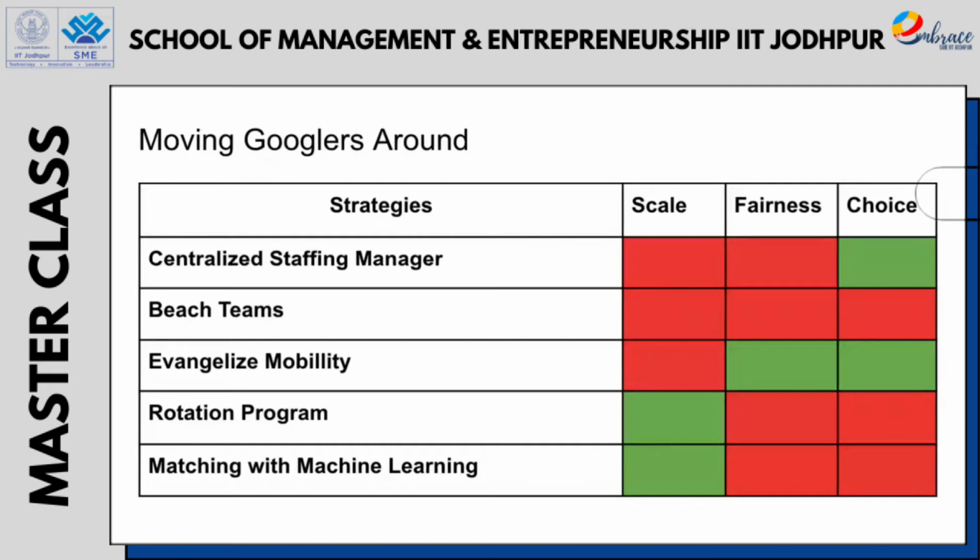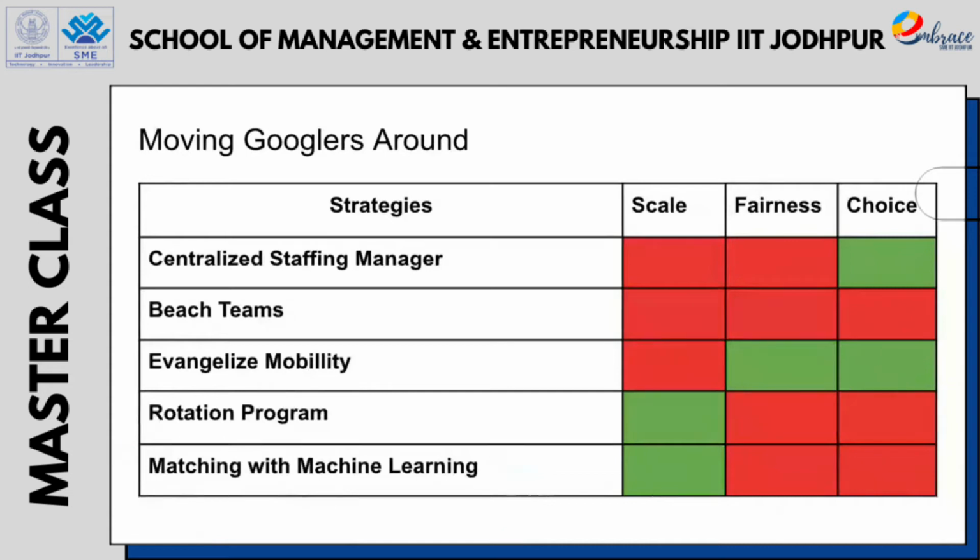So we have looked at this broad set of strategies. Google has gone through extensive research to understand how different strategies can be used and what the issues thereof are. This is a summary of those strategies. And as we can see from the table, none of these strategies meet the three criteria that Google wants for its employees, which are scale, fairness, and choice.